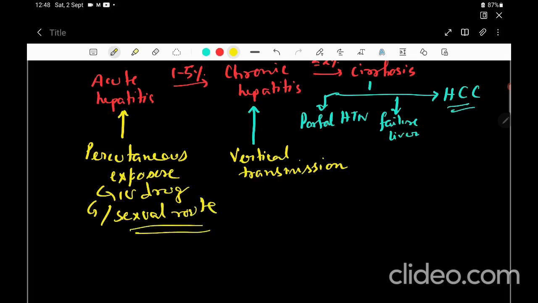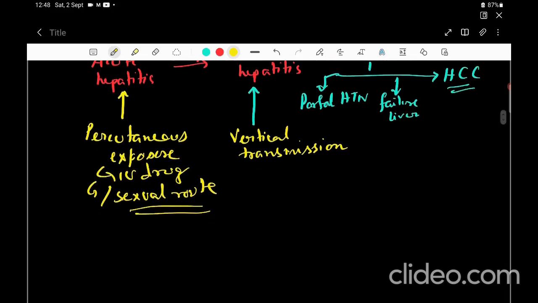The sexual route is the primary reason for transmission of hepatitis B in most cases. Apart from that, it is found in narcotic and drug abusers, and in some cases, if there is lack of sanitation in hospitals, cross infection, patient to patient, can also occur.